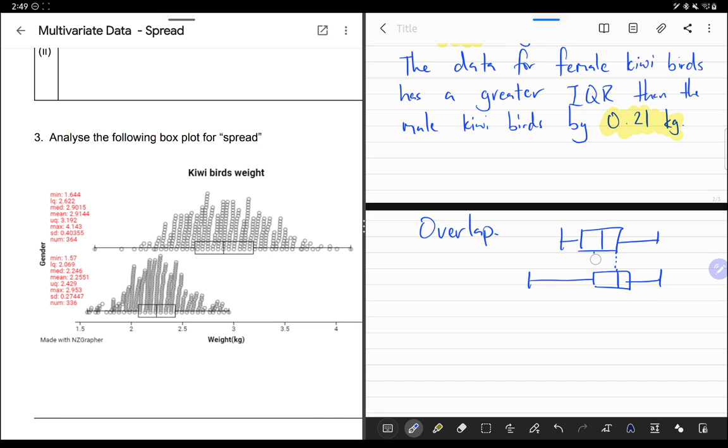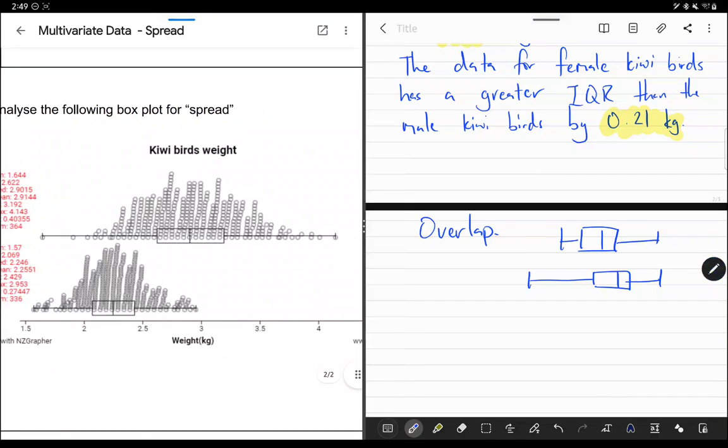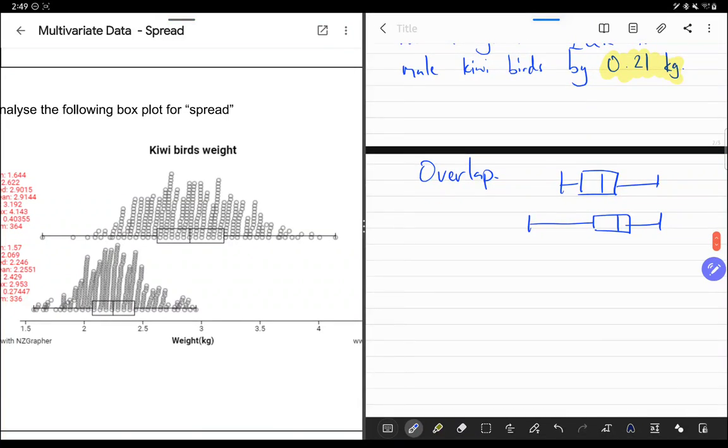It suggests, right? Again, we're still analyzing. We're not making any conclusions yet. But again, if you actually look at the graph that we have here, the box doesn't overlap at all. Remember, we're not looking at the long whisker, the line that comes out from the box. We're talking about the box itself only.